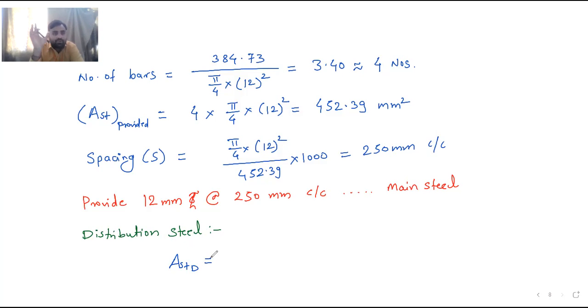All are the names of distribution steel only. So remember this. In the MCQ, the question might be asked. So ASTD is 0.12% of gross area.